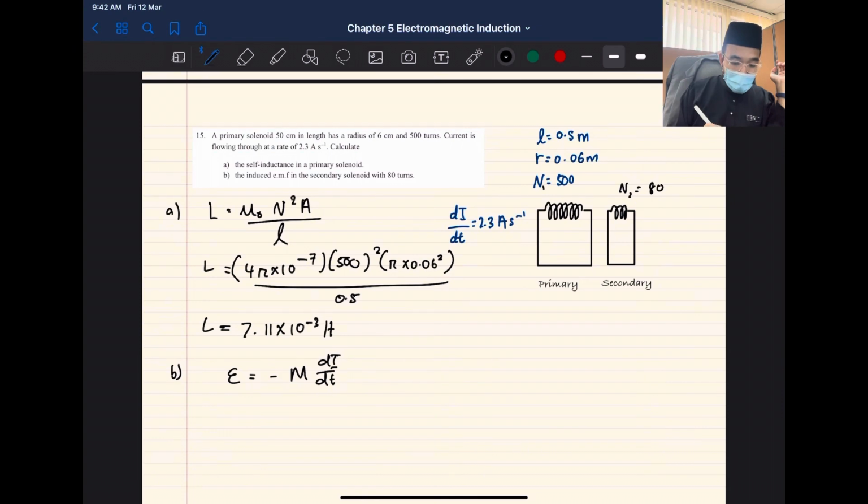So di dt is given here. You can use that value straight away, but you need to find the value of M first. M equals mu naught N1 N2 A over l. Since A and l are the same, just substitute all the values.